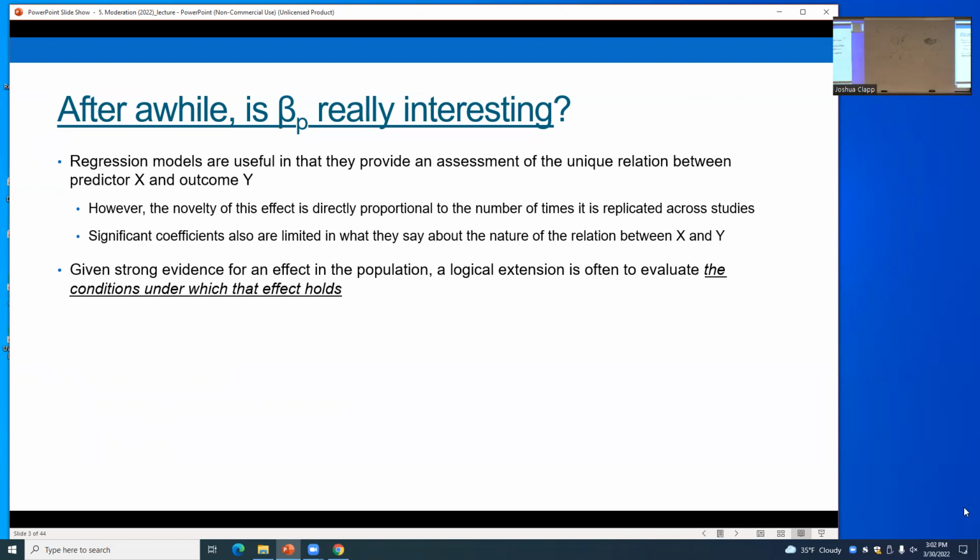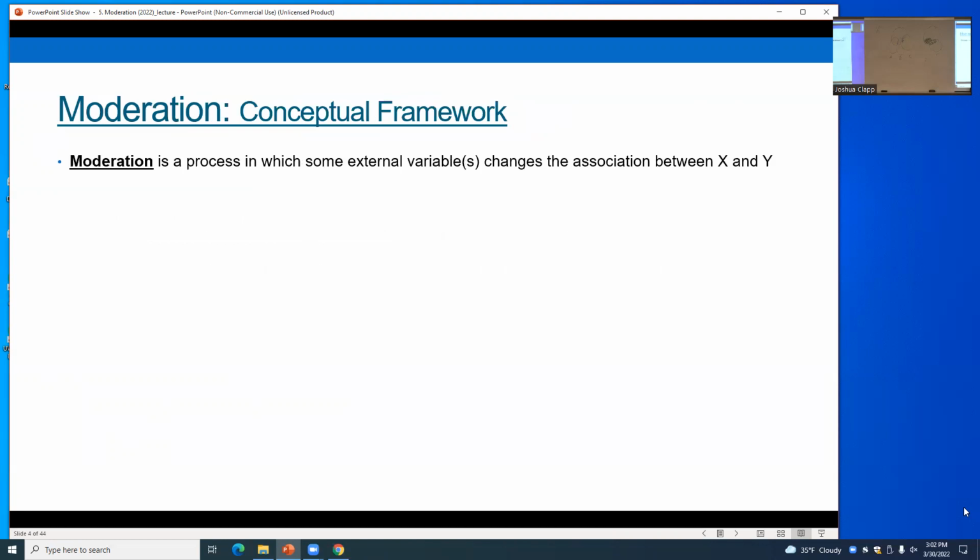This can be a very, very interesting way to start thinking more in depth about some of the associations that we're interested in, okay? And if I'm asking the question, how do these other variables impact the nature of the relation between X and Y? We're talking about moderation, okay? This is a process where we've got some third variable that starts to change the nature of the association between X and Y. This isn't news.